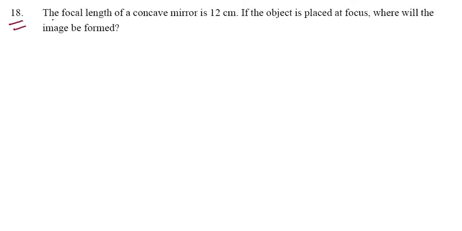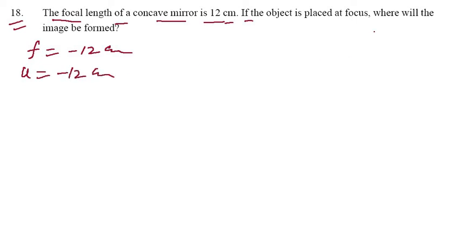18th question: the focal length of the concave mirror. It is a concave mirror, so f is equal to minus 12 centimeters. If an object is placed at focus, then u is equal to minus 12 centimeters. Where will the image be formed?